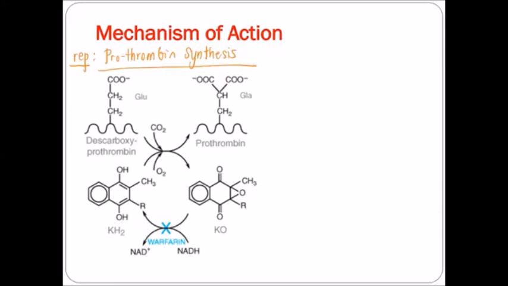Initially, prothrombin in the liver comes from a precursor. And that precursor is called descarboxyprothrombin. Now, in the liver, ang descarboxyprothrombin, for it to become biologically inactive prothrombin, para siya maging zymogen na prothrombin, kailangan niya mag-undergo ng chemical reaction.